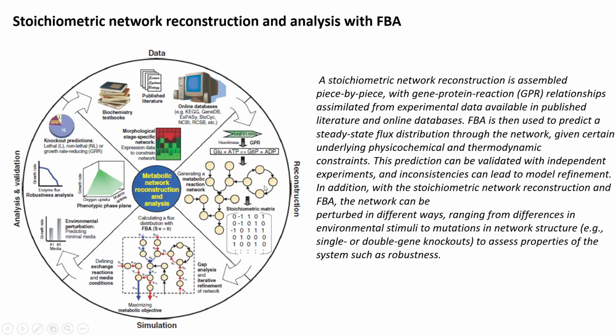And in addition, with the stoichiometric network reconstruction and FBA, the network can be perturbed in different ways as well. So we'll also look at some examples on how the network can be perturbed in the next class. But in general, when you have a metabolic network, you would want to know, okay, if I knock out a certain metabolite, how is my flux changing, or how is my particular pathway working, or is it not working, or is it getting affected? What is happening?